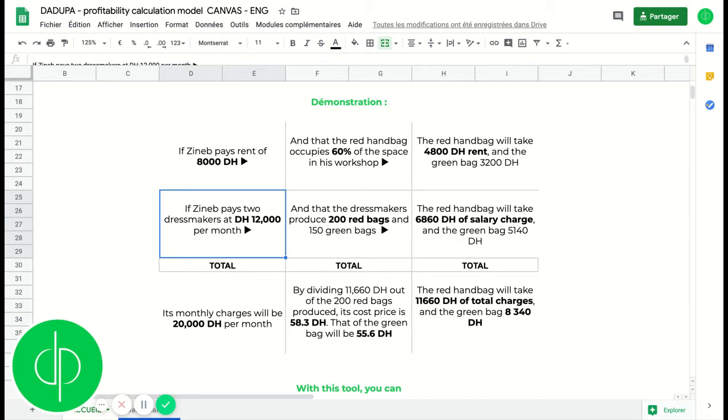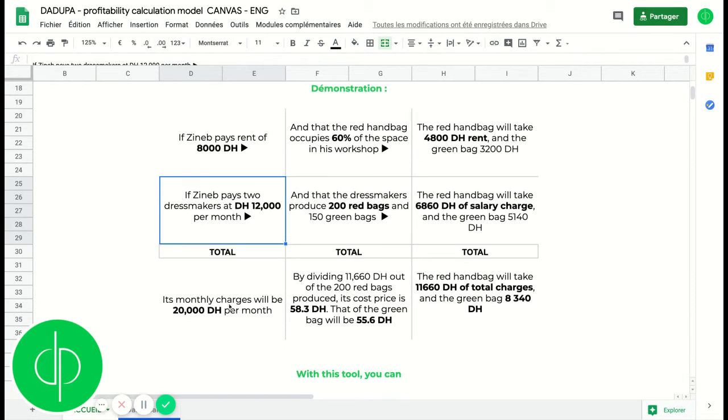You will do the same for all the charges you are facing, and when you estimate the total of the 20,000 dirhams per month, you will be able to know that 11,600 is about the red handbag and 800, only 800, is about the green handbag.